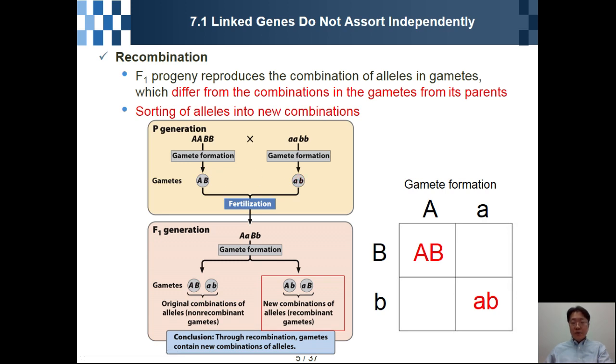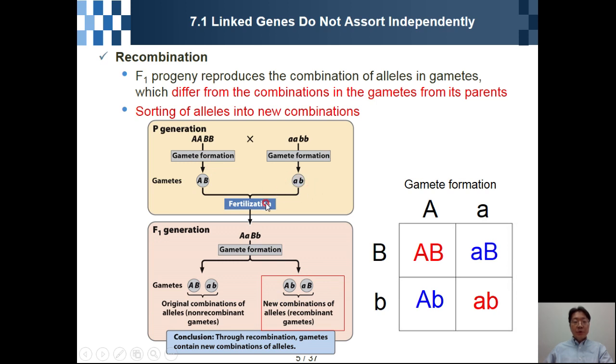Another combination is large A, small b, and small a, large B. This combination we cannot see in the parent generation. So recombination means that F1 progeny produce a combination of alleles in the gamete which differs from the combination in the gametes from its parents.